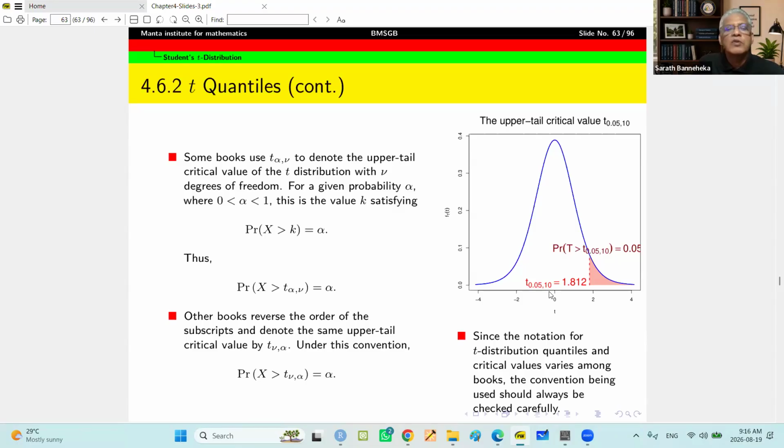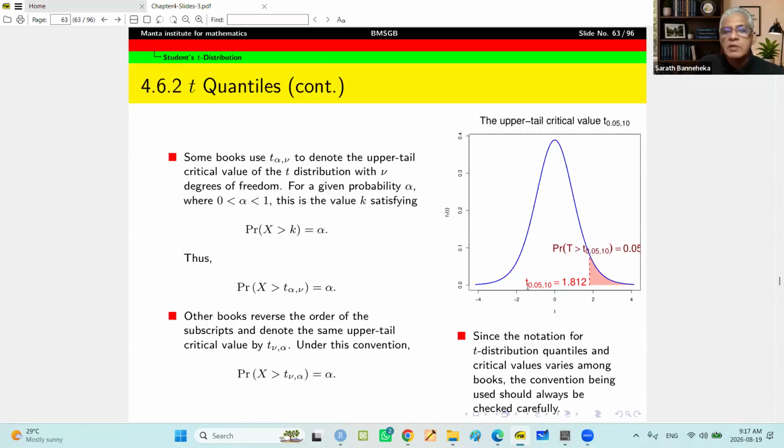So we have to be careful when you are reading books and also when you are applying these things. Especially if you are including these notations in your thesis or in your research paper or in your answer scripts in the exams, it is always better to define your notation, whether you are using the previous notation, indicating the probability x less than or equal to the quantile is equal to p, or whether you are using your notation to indicate the probability above the k, right?